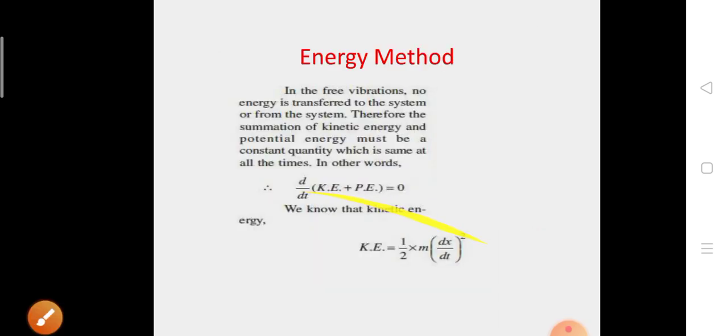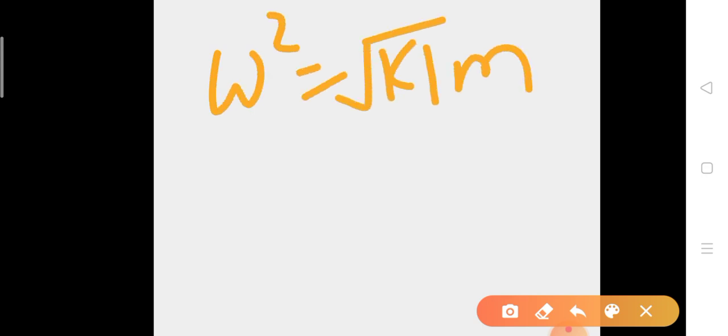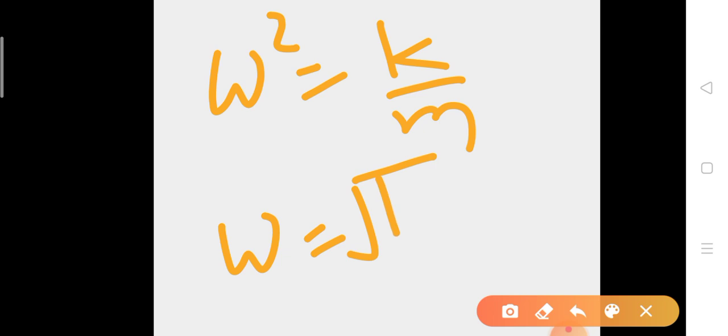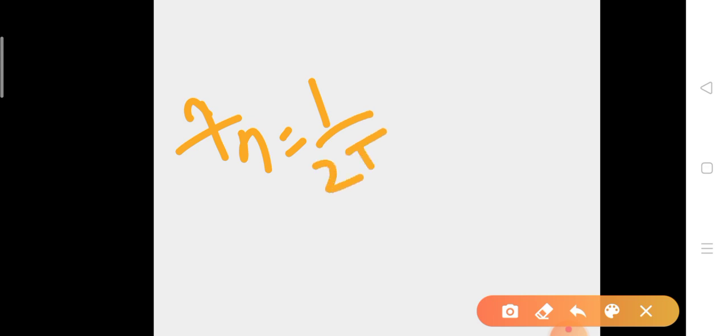So you get omega square is equal to k by m, so omega will be equal to under root k by m. So this will be your angular velocity value, and what will be your frequency value? Natural frequency is equal to 1 upon 2 pi under root k by m.